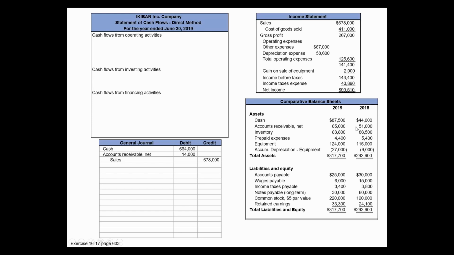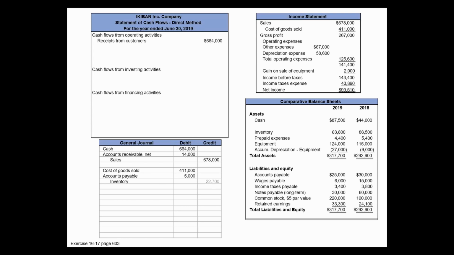And again, it's the difference between each of these years. It's how much is still outstanding from that. So receipts from customers, $664,000. And then we have to figure out the payments for merchandise. So we have cost of goods sold, $411,000.